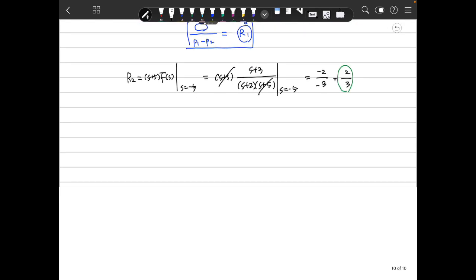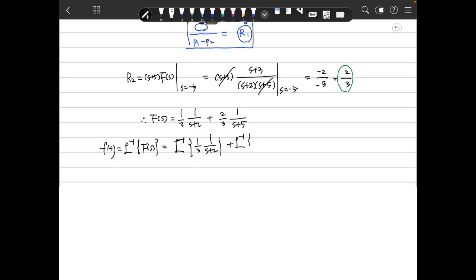Therefore, Fs will be 1 over 3 times 1 over s plus 2, plus 2 over 3 times 1 over s plus 5. Then what we have to do? We have to know that ft will be inverse Laplace of Fs. So there will be inverse Laplace of 1 over 3 times 1 over s plus 2, plus inverse Laplace of 2 over 3 times 1 over s plus 5.